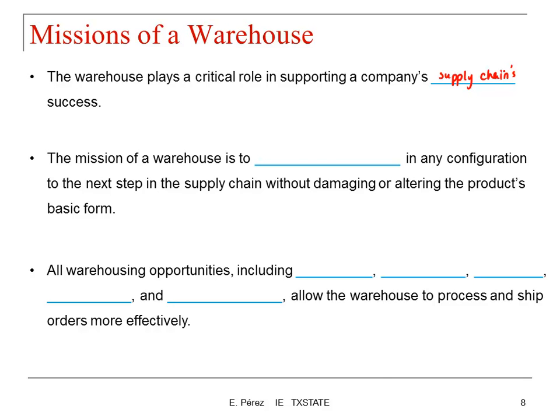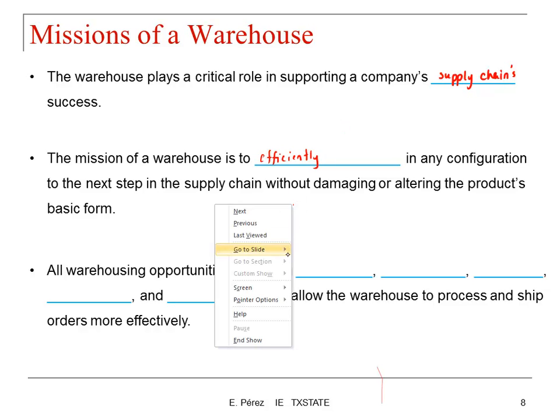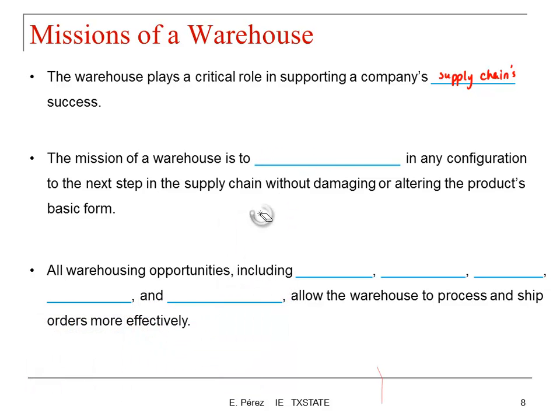And the mission of a warehouse is to efficiently and effectively ship products in any configuration to the next step in the supply chain without damaging or altering the product's basic form.